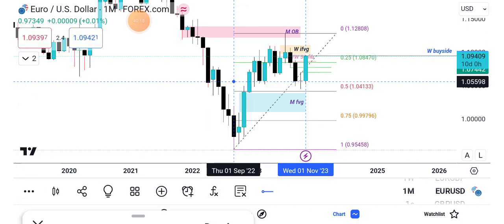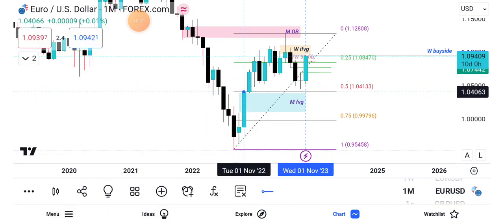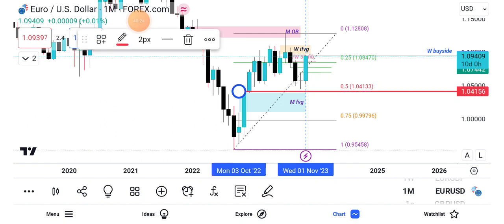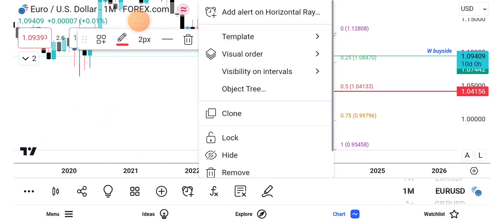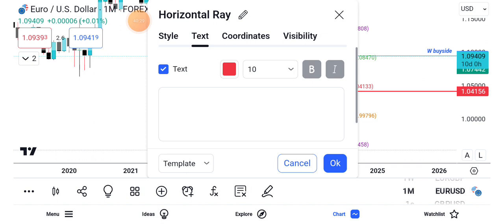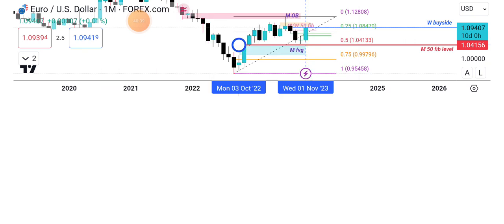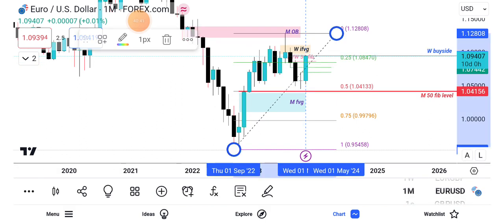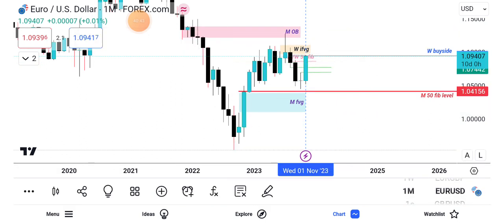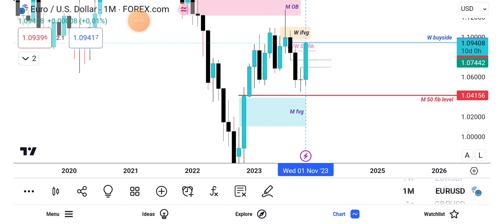I'll use my horizontal ray. Yeah, there. So this is the monthly 50 fib level, where prices are not expensive nor cheap. Yeah, we have not yet retraced into that zone.